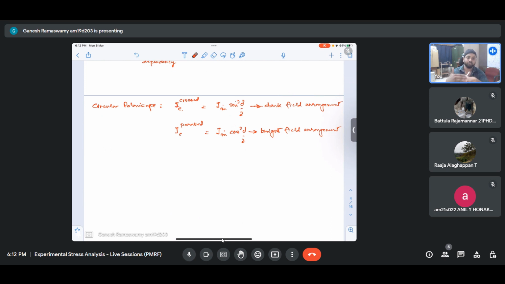So the field is dark. Whereas if we keep the analyzer and polarizer parallel with the crossed quarter wave plate combination, we will see the background light getting passed, which is nothing but the bright field arrangement.